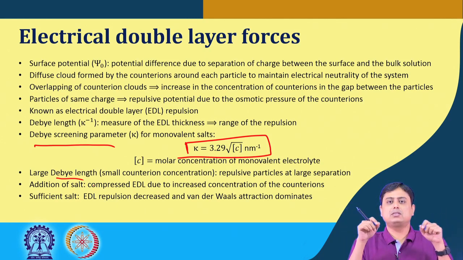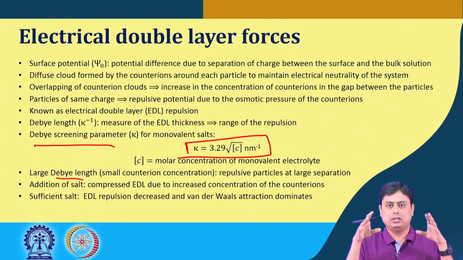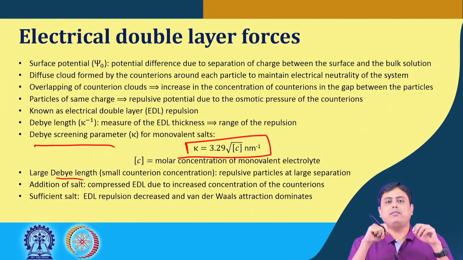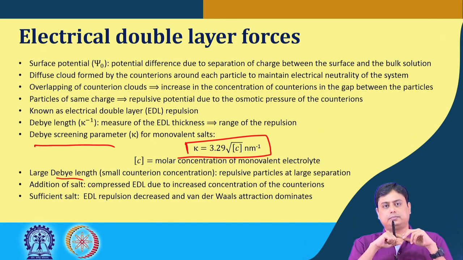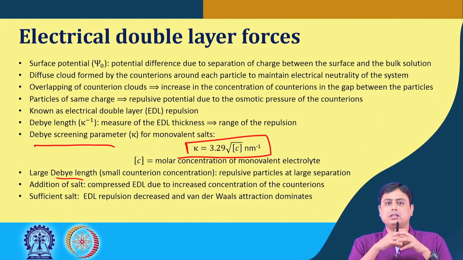Once we add some salt, this double layer thickness is compressed because now we have increased the concentration of the counter ions. Now, if we add a sufficient amount of salt, this repulsion decreases and the van der Waals attraction again dominates.